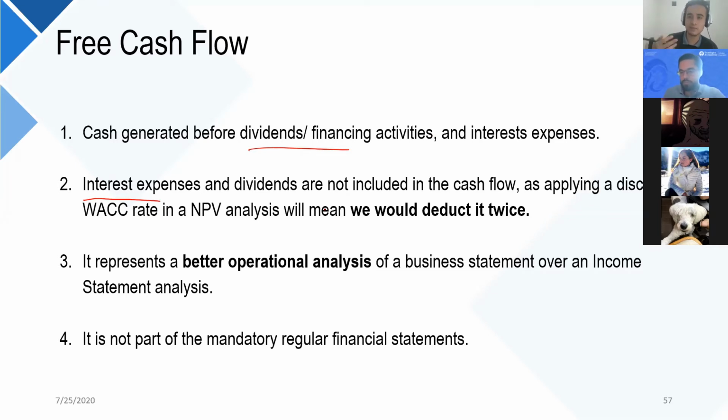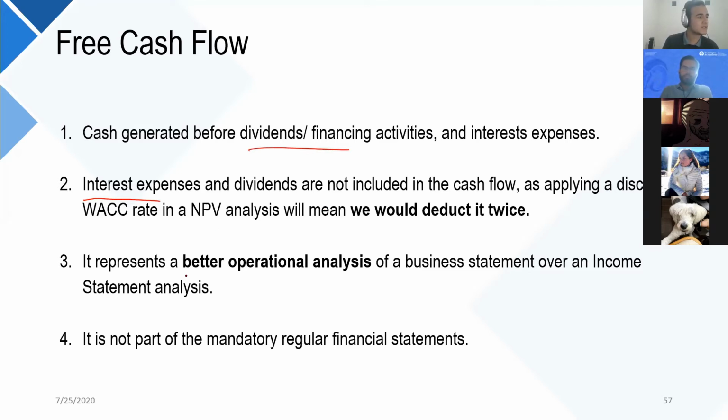That will be another problem for you to worry about. We don't have interest expense in the case, so you don't need to worry about this, but you do need to know that interest expense is not included in the free cash flow, because it would mean deducting it twice when you do a net present value analysis.